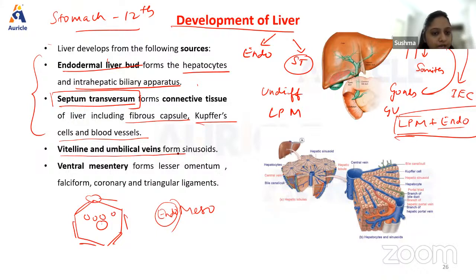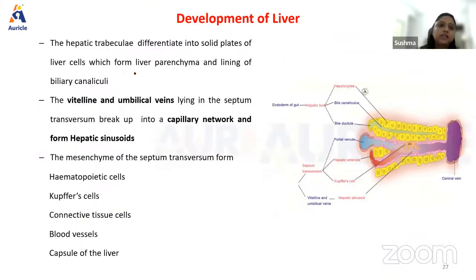Vitelline and umbilical veins form the sinusoids. Ventral mesentery forms the lesser omentum, falciform, coronary and triangular ligaments. This we have already seen, how the developing liver divides the mesentery. Next, the hepatic trabeculae differentiate into solid plates of liver cells and form the liver parenchyma and the lining of the biliary canaliculi.